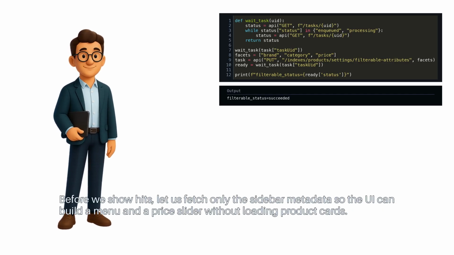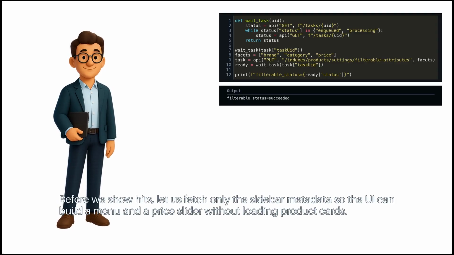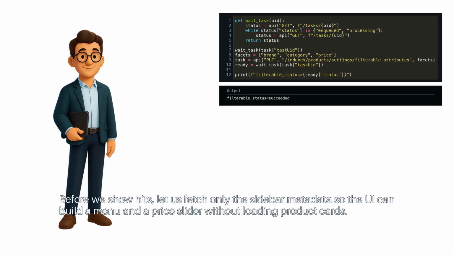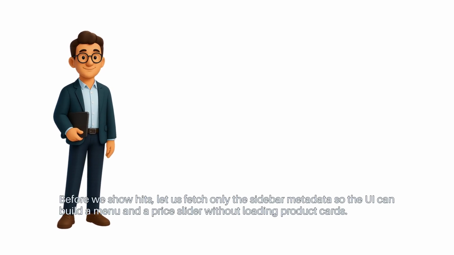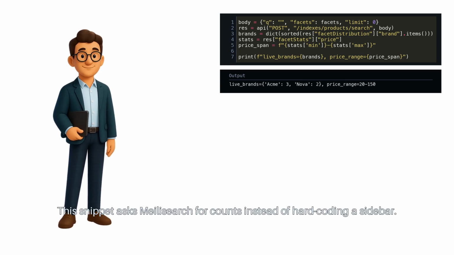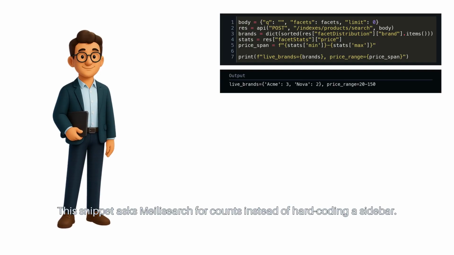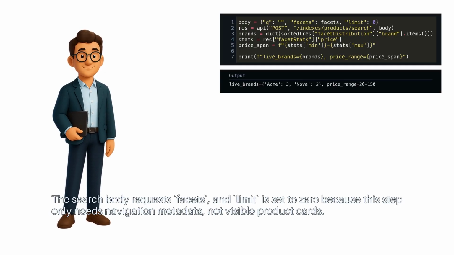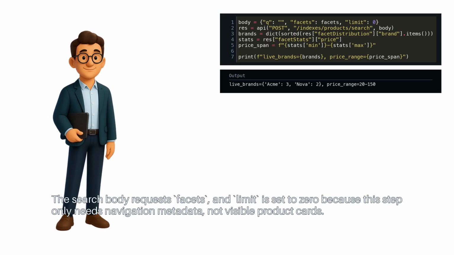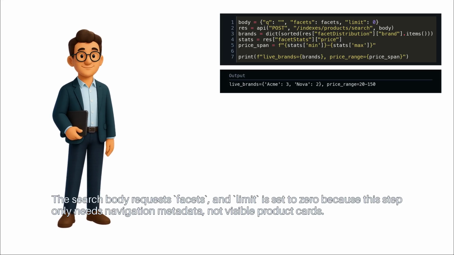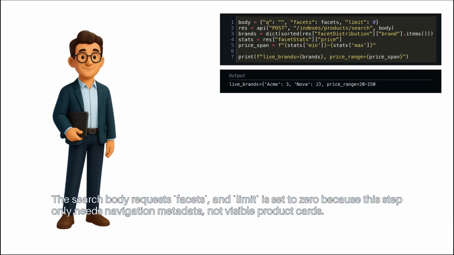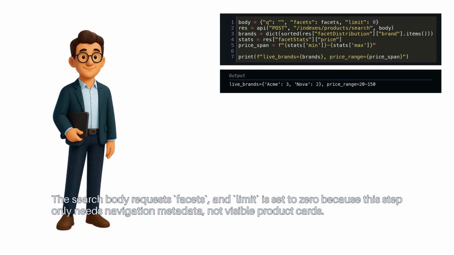Before we show hits, let us fetch only the sidebar metadata, so the UI can build a menu and a price slider without loading product cards. This snippet asks Meilisearch for counts instead of hard-coding a sidebar. The search body requests facets, and limit is set to 0, because this step only needs navigation metadata, not visible product cards.